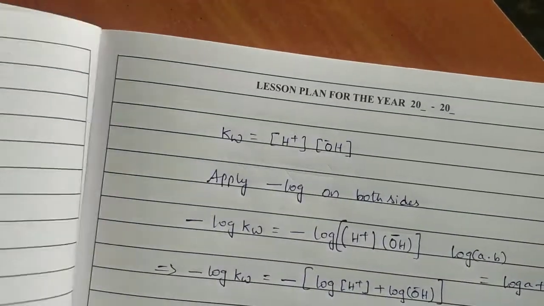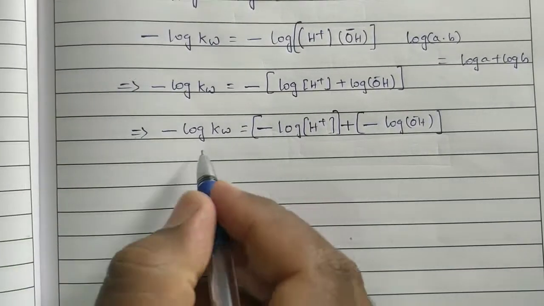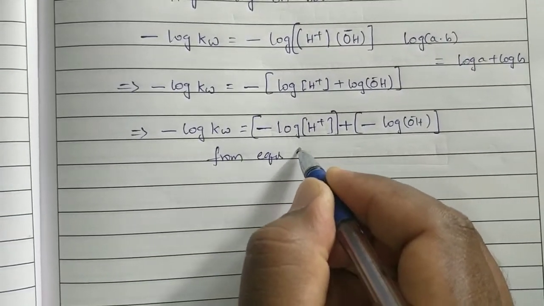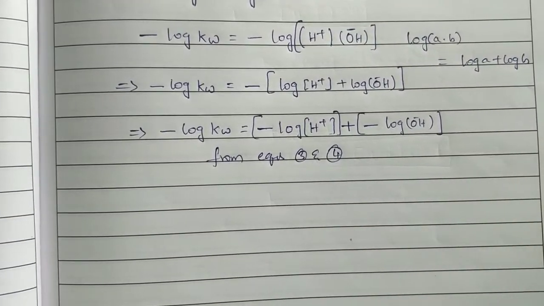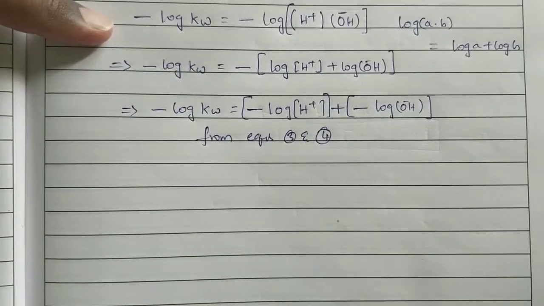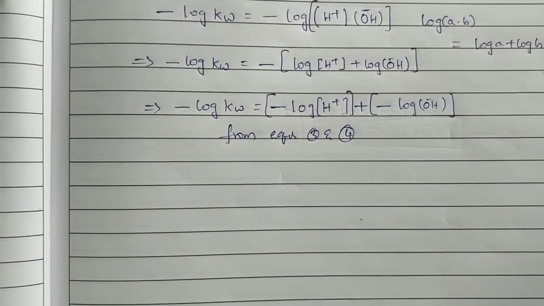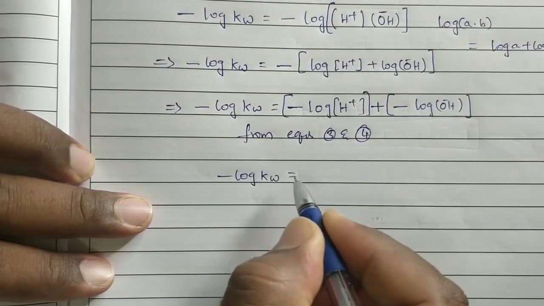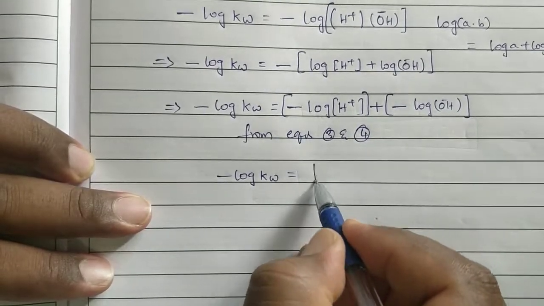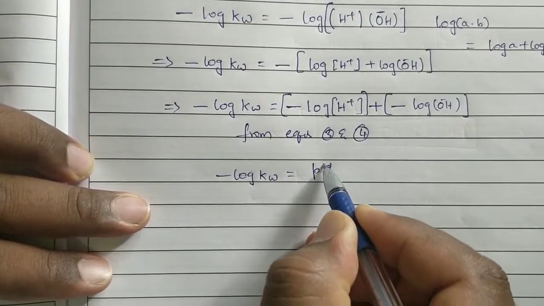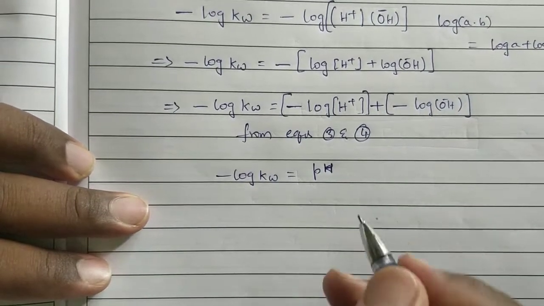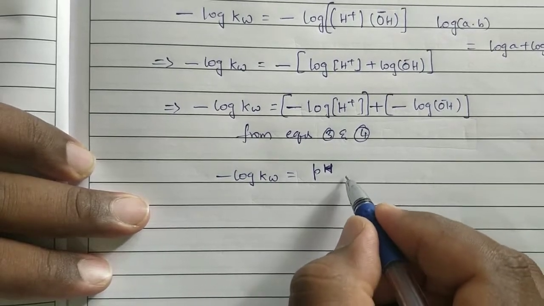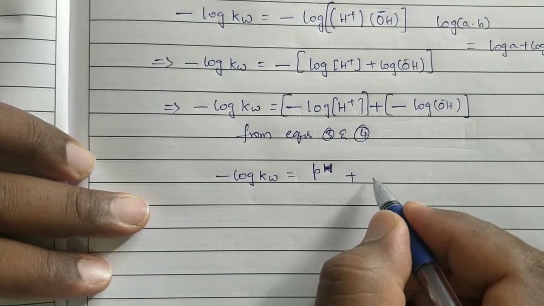So from equations 3 and 4, we can write this one as minus log Kw is equal to minus log H plus, which is nothing but pH, plus minus log OH minus, which is nothing but pOH.